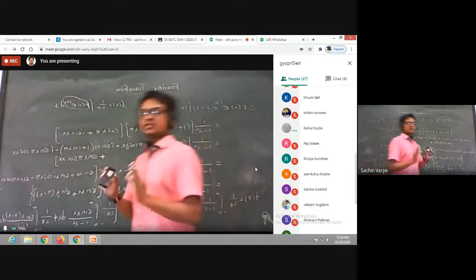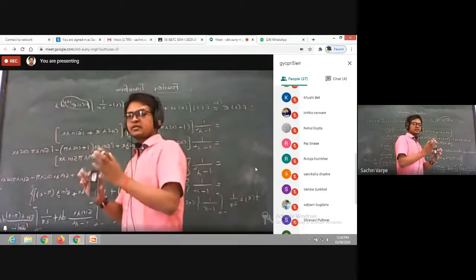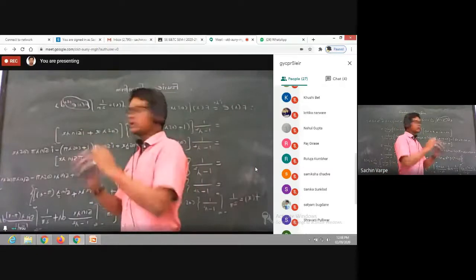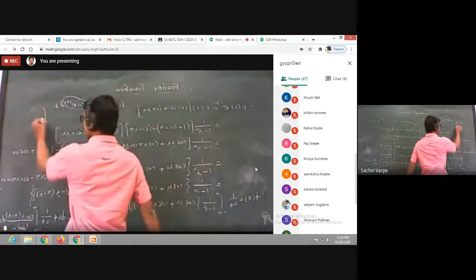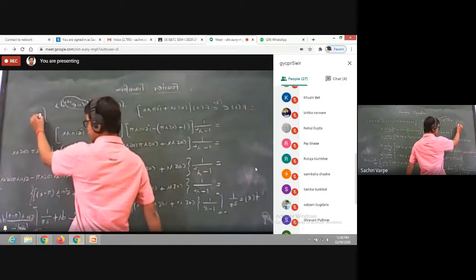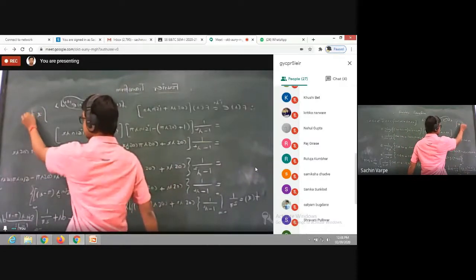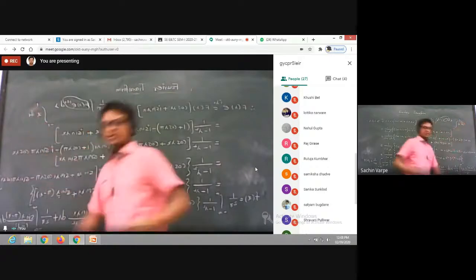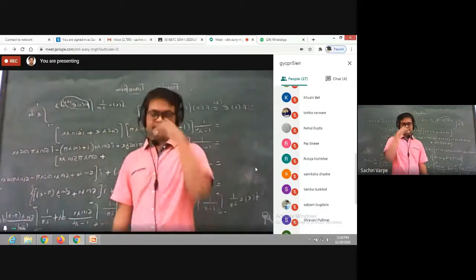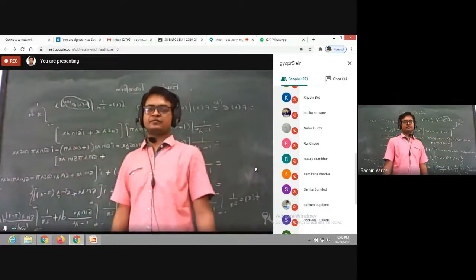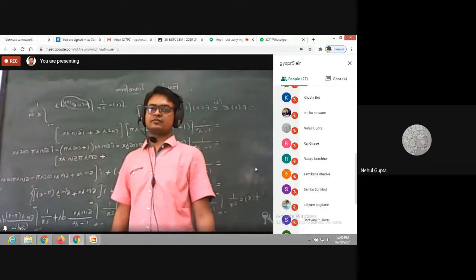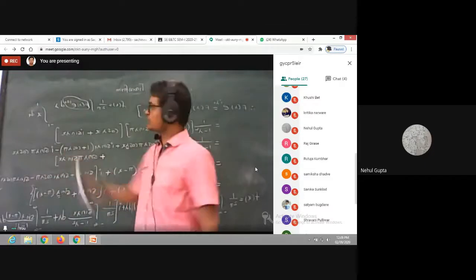So let us check the integration of y equal to x in -1 to 1, a two-sided interval. If I take y equal to x dx from -1 to 1, check once. What is the value of this integration? Zero.